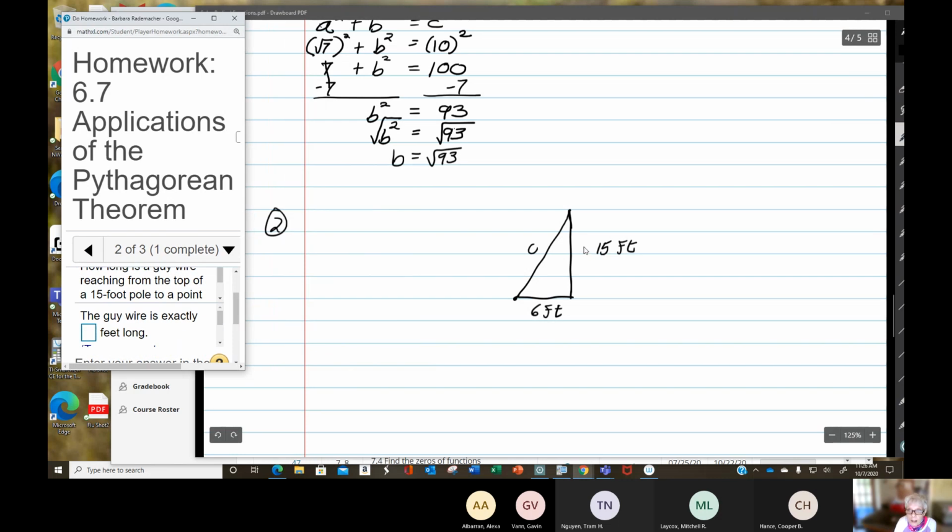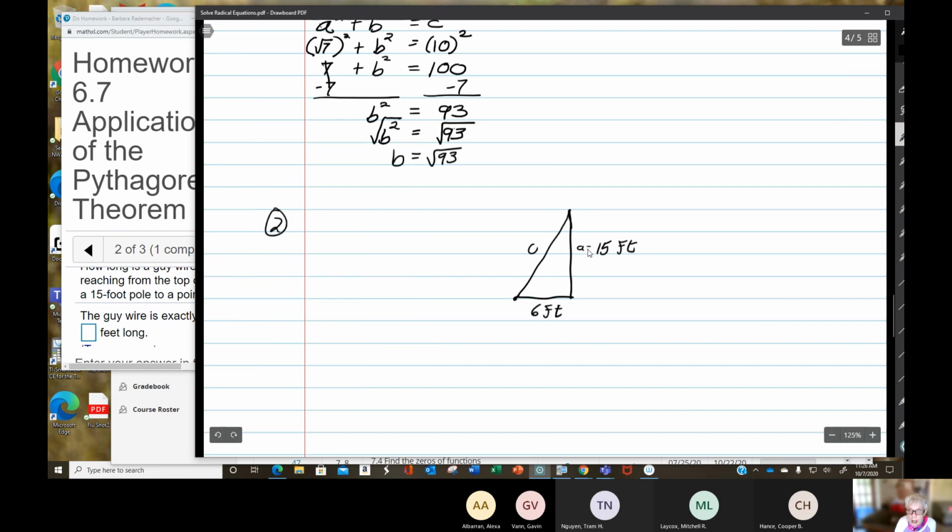All right, A is usually the vertical side, B is usually the horizontal side, C is always the slanted side. We're going to have A squared plus B squared equals C squared. So that will be 15 squared plus 6 squared equals C squared.